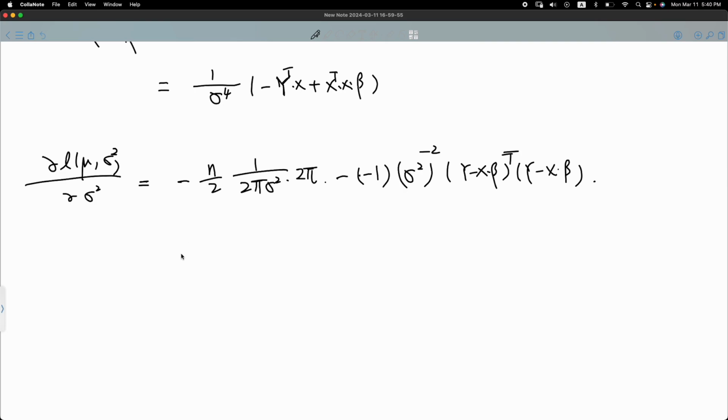Let's further simplify that. We should have a -n over 2 sigma square, and then plus 1 over sigma raised to the power 4, and then y minus x beta transpose that.